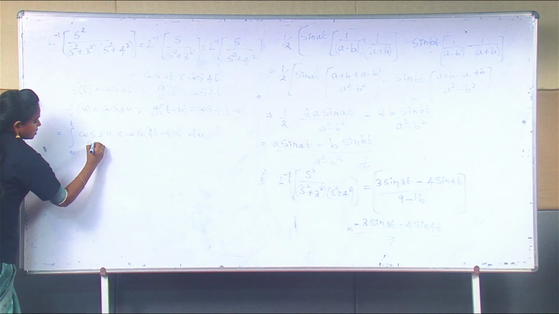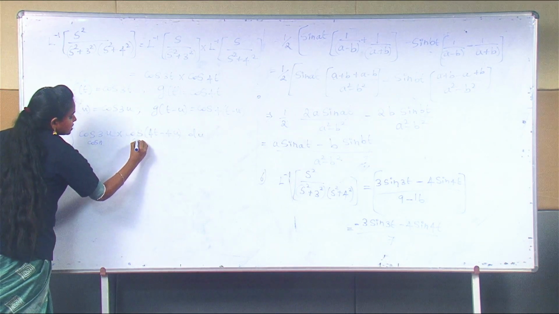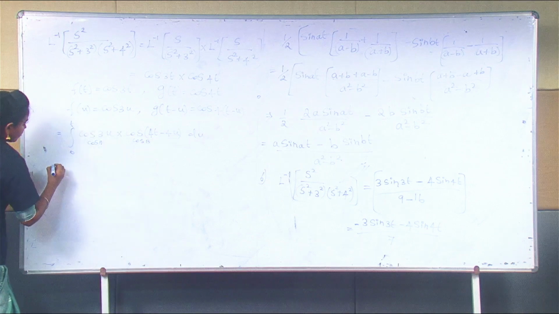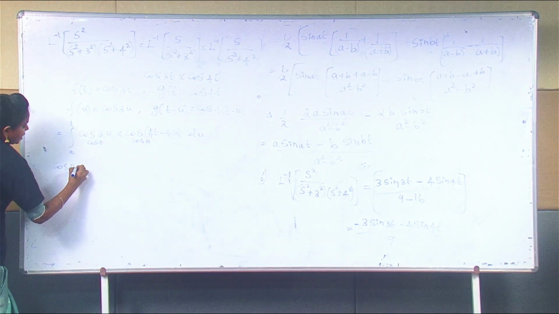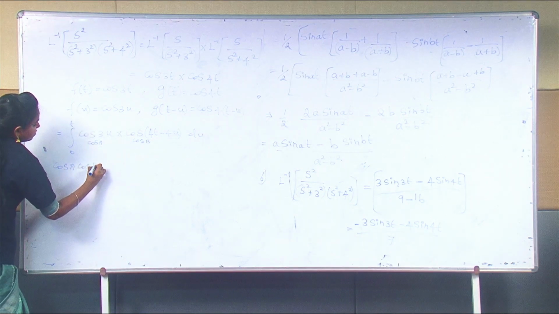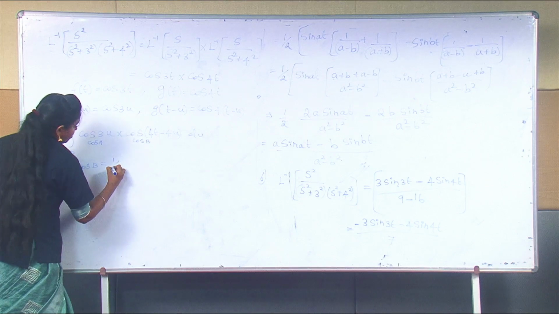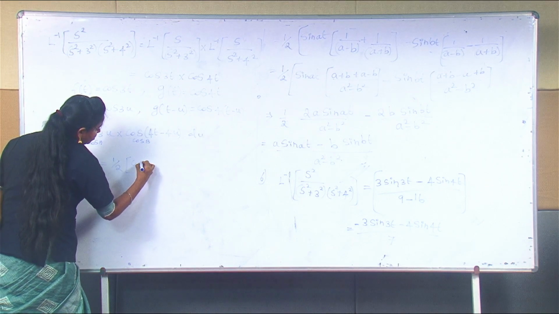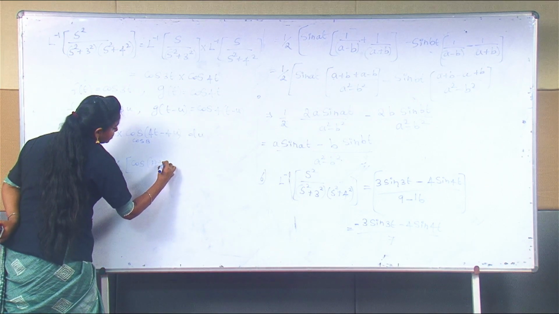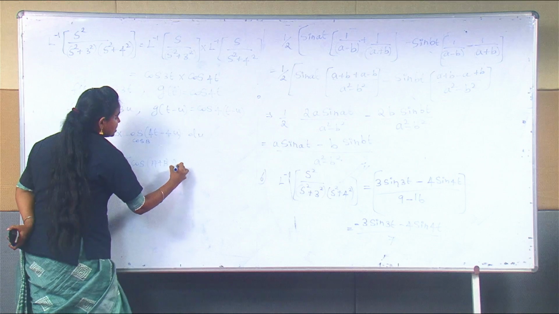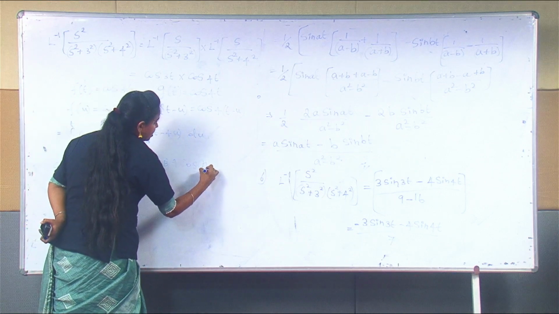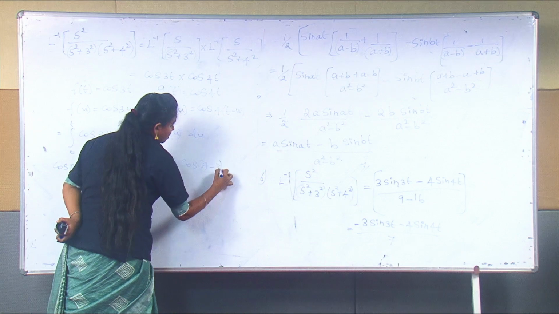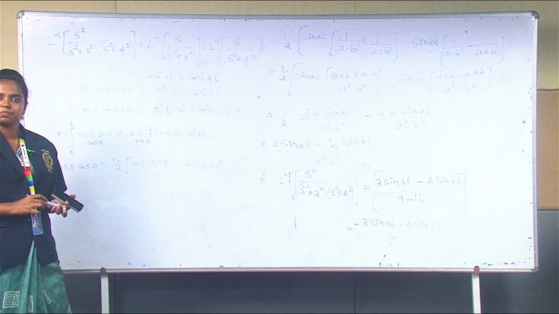Here it is in the format of cos A cos B. The cos A cos B formula is 1 by 2 into (cos of A plus B plus cos of A minus B).